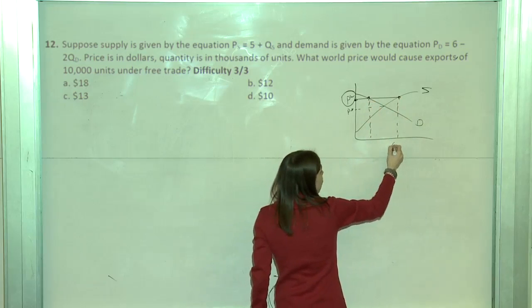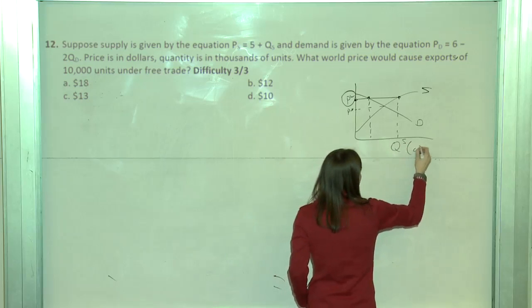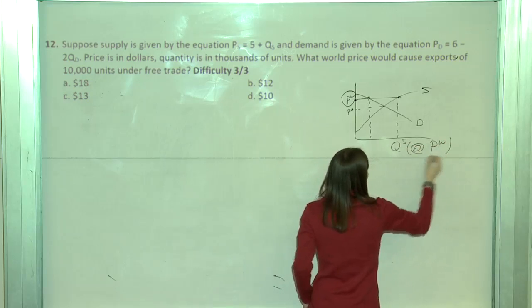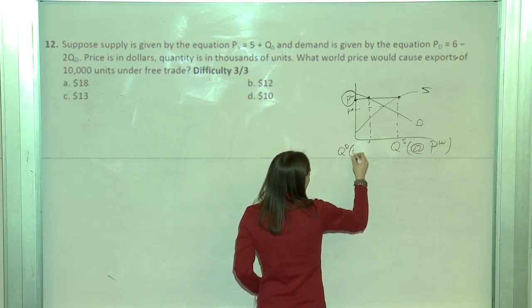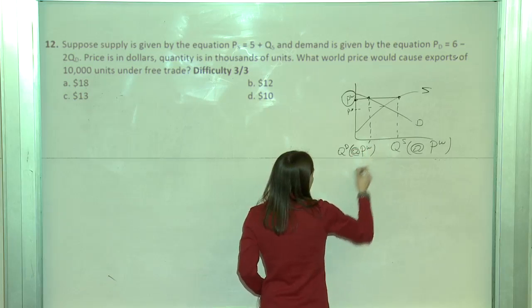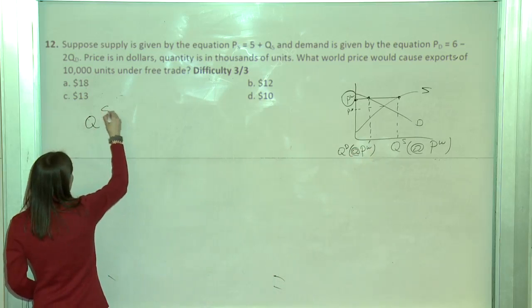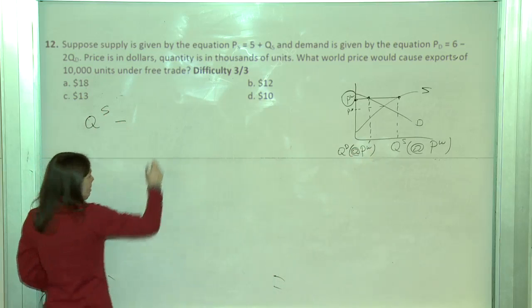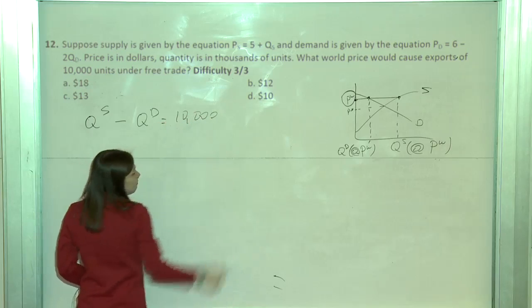So basically, this is the quantity supplied at the world price, and this would be the quantity demanded, again, at the world price. And I want this quantity supplied minus the quantity demanded to be equal to 10,000 units.